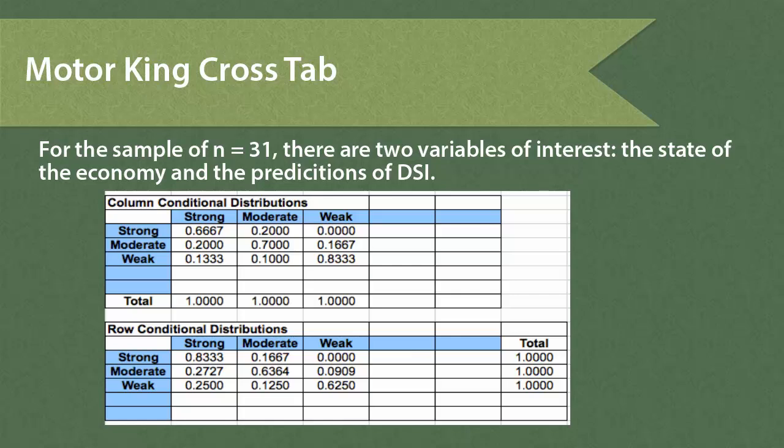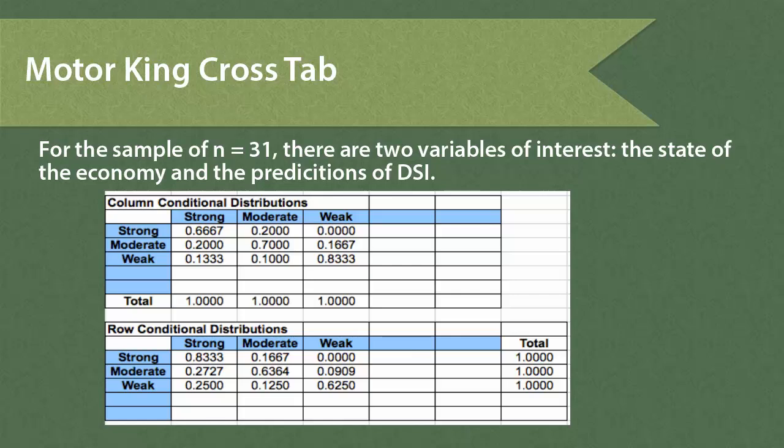So what we need to complete our decision tree, the way I've set this up, is the row conditional distribution. I need the probability that the economy is strong, moderate, or weak if DSI predicts strong. And that can help me use my 9 payoffs, just as I did on the basic decision tree, but that's all conditional upon DSI predicting strong. In the same way, if they predict moderate, I need the probability that the economy is actually strong, moderate, or weak.